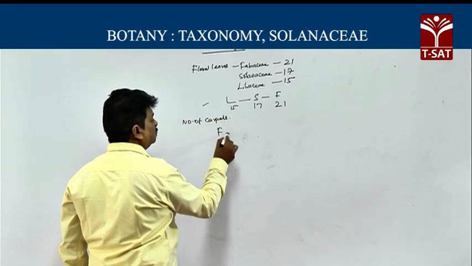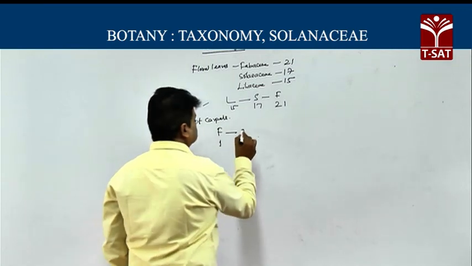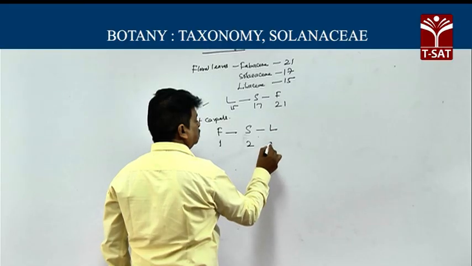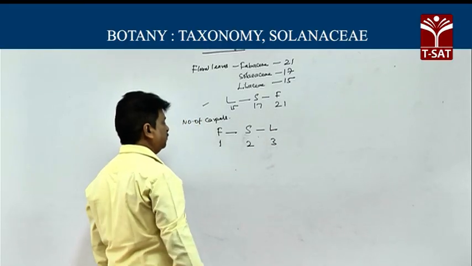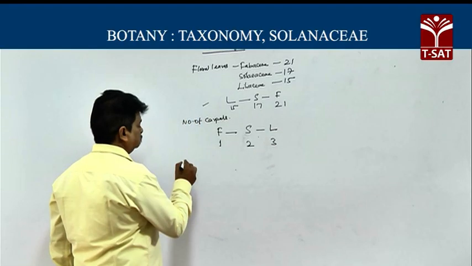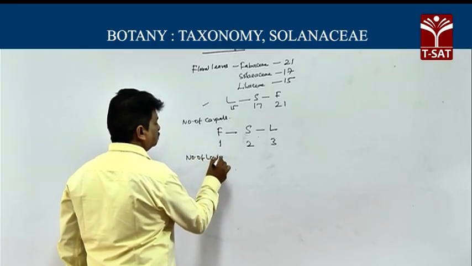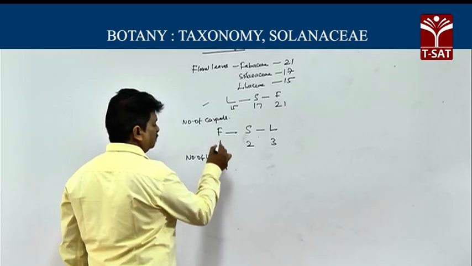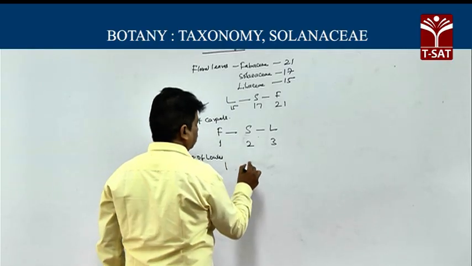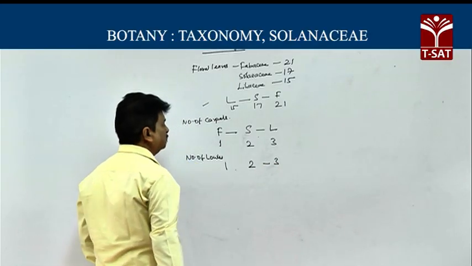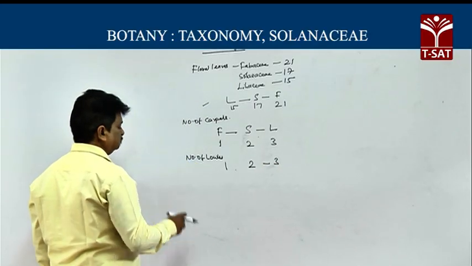Fabaceae monocarpellary 1, Solanaceae bicarpellary 2, Liliaceae tricarpellary 3. In the same way, number of locules: Fabaceae unilocular, Solanaceae bilocular, Liliaceae trilocular.